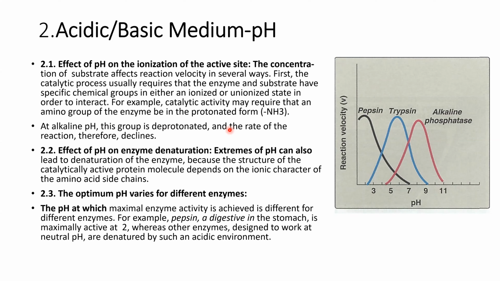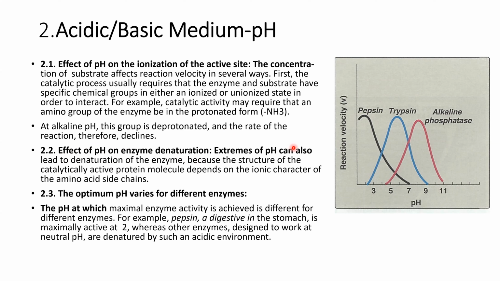Now, the second thing is how pH affects the enzyme reaction rate: at a highly elevated pH, or a drastic change in the pH away from what is optimal for certain enzyme activities, that can denature the enzyme permanently, right?